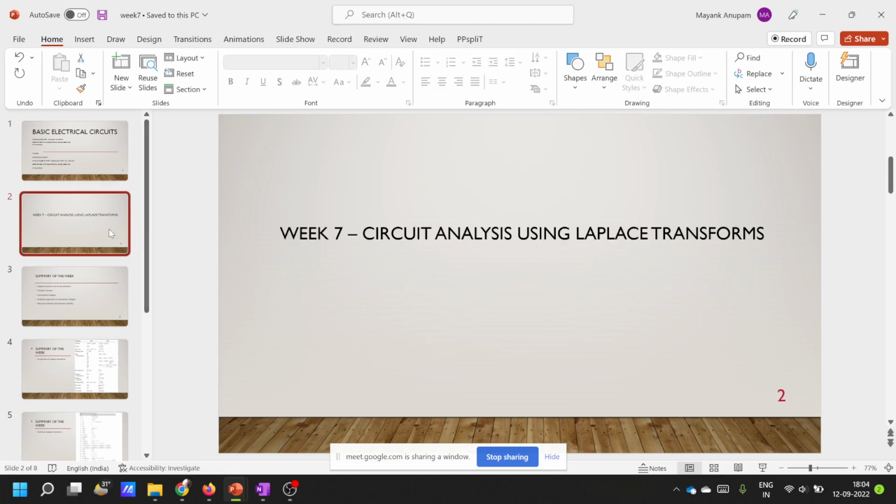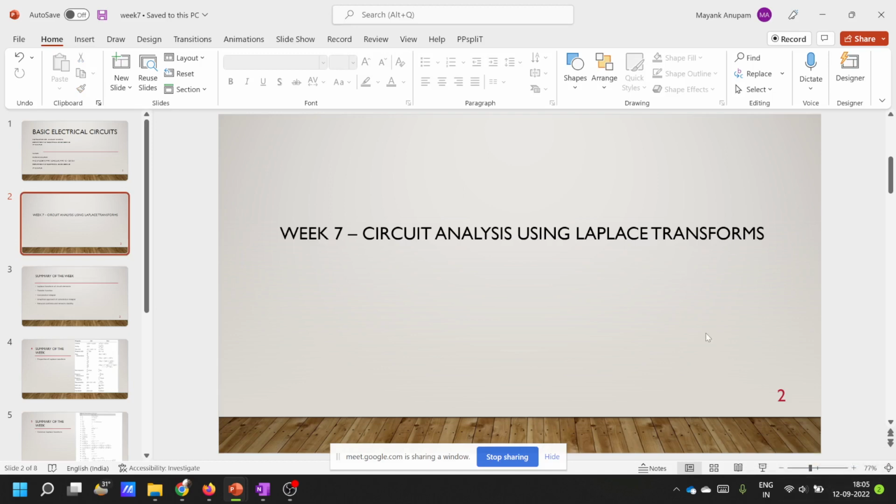Alright. So in this week you learnt about circuit analysis using Laplace transforms, right? In the last week you learnt about Laplace transforms, how to find them, how to take inverse Laplace transform and all. You also studied the properties of Laplace transforms. And this week you have learnt how to use Laplace transforms in order to solve circuits, right?